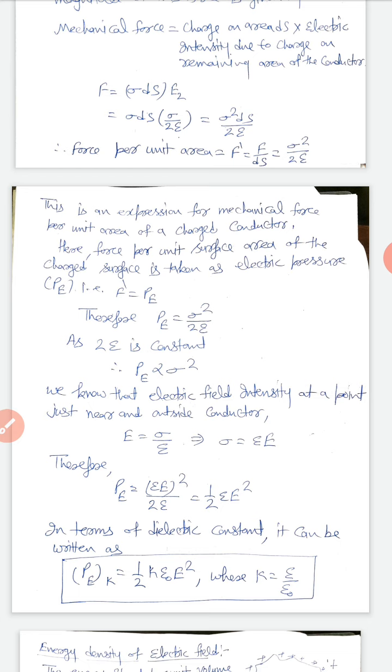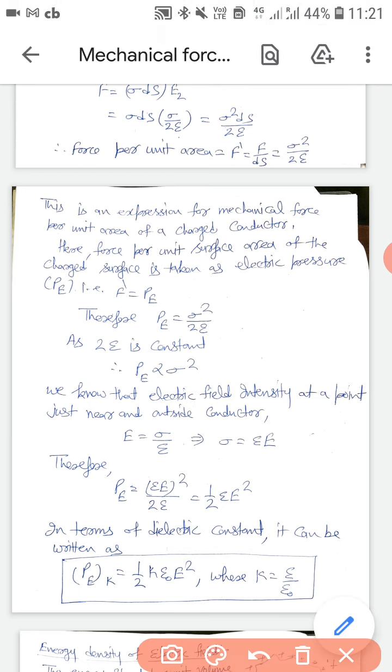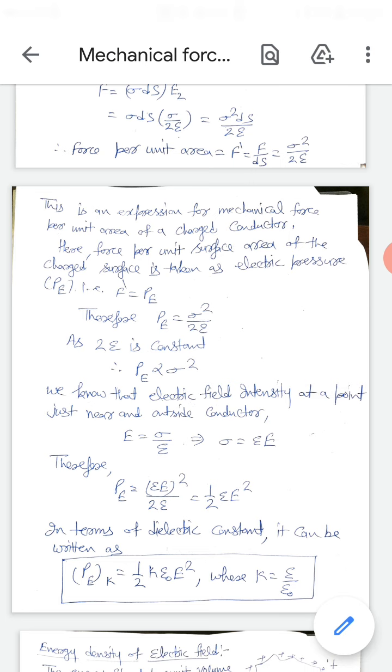This is a very important expression, not only for your university syllabus but for competitive exams as well. The electric pressure, or the electric mechanical force per unit area of a charged conductor, is given by 1 by 2 k epsilon 0 E square.